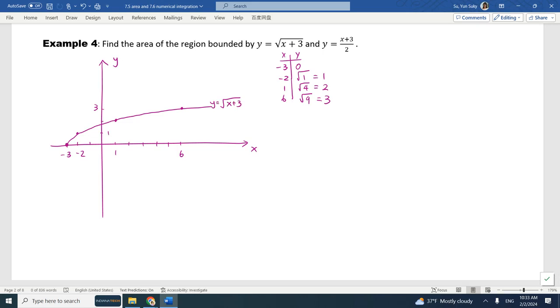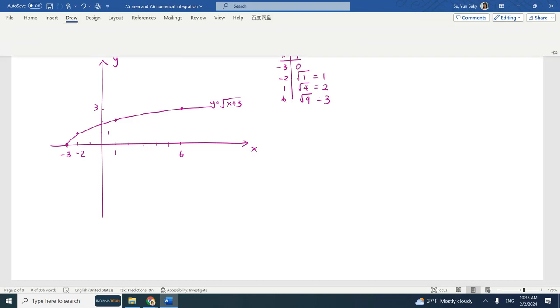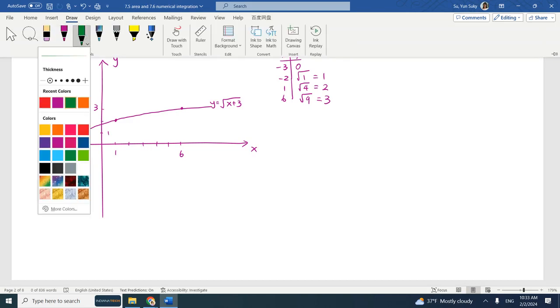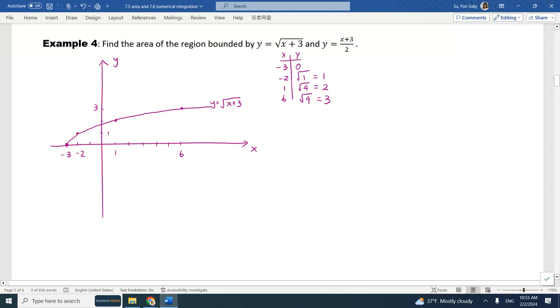Okay. Now, the second function is a linear function, right? Then you know it's a line. Also, we want to plot integer points. So give me some x value so you get an integer. 3. Yes. We can plug in 3. Then what do you get? 3 plus 3 over 2 is 3. Okay.